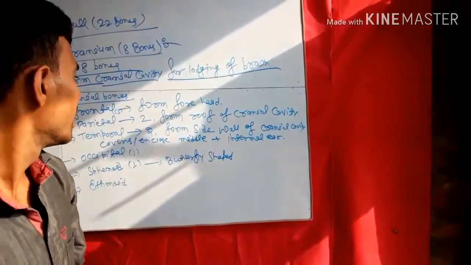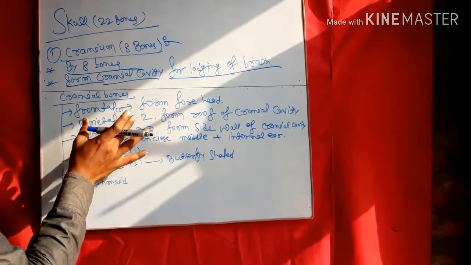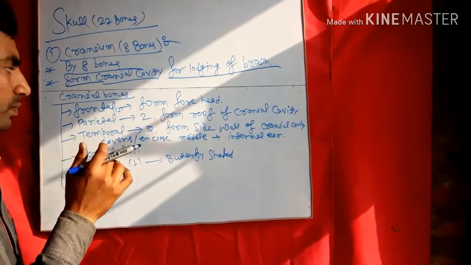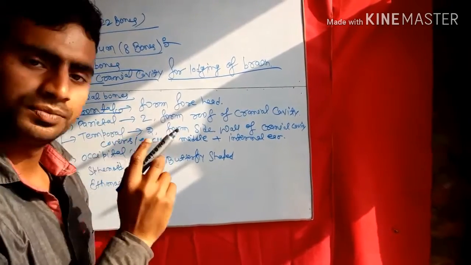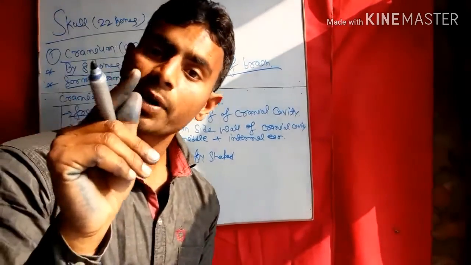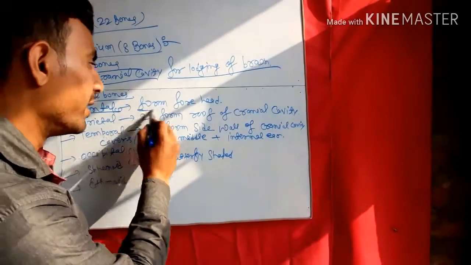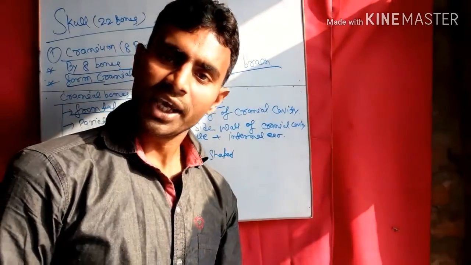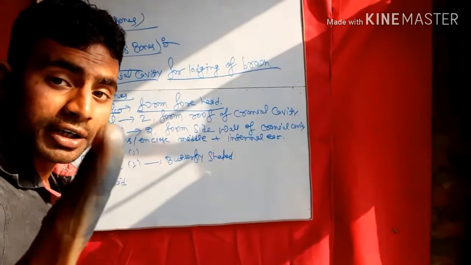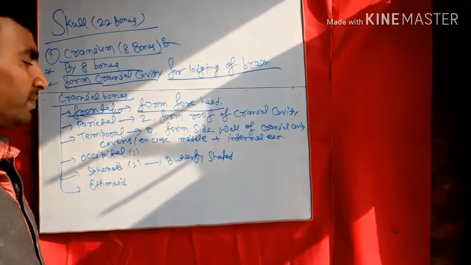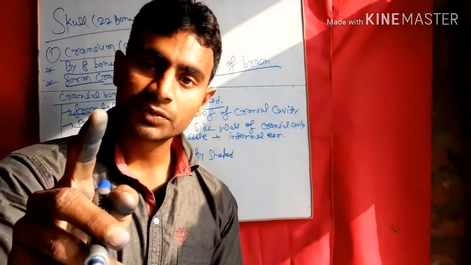Next, the cranial bones. First is the frontal bone. One frontal bone is present that forms the forehead. Second is the parietal bone, one pair.